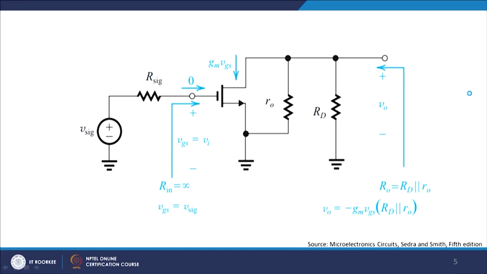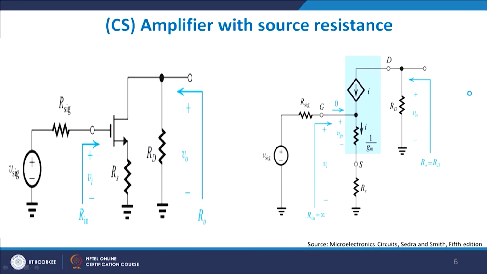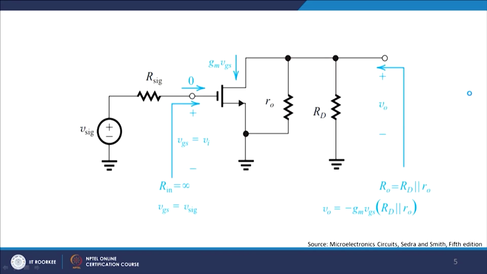So this is what I was talking about. Let me discuss the previous point as I was discussing with you. You see VGS equals VI, so Rn equals infinity, and therefore I get VGS equals V signal. Drain current is nothing but GM times VGS.